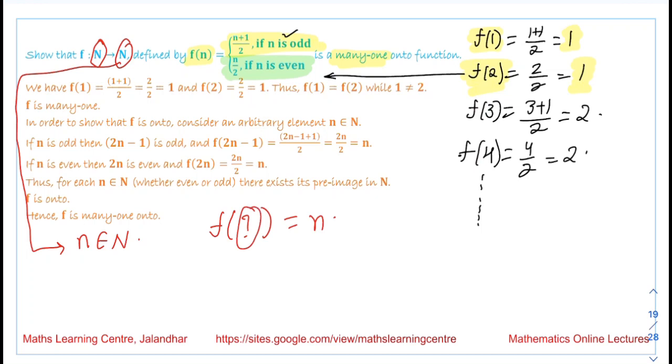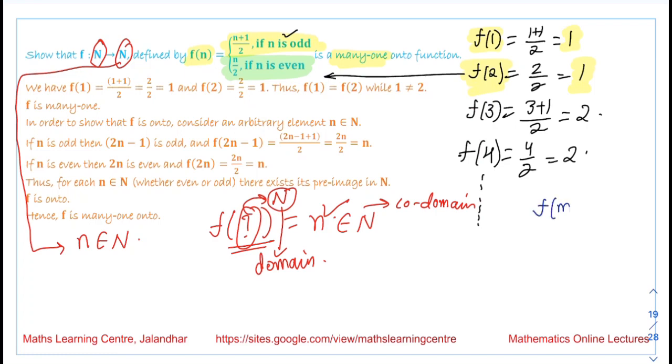We have to show that for every element n in the codomain, we have an element in the domain for which f of that number is equal to n. Now suppose that number is m. We are saying f of m should be equal to n. Now what is f of m?